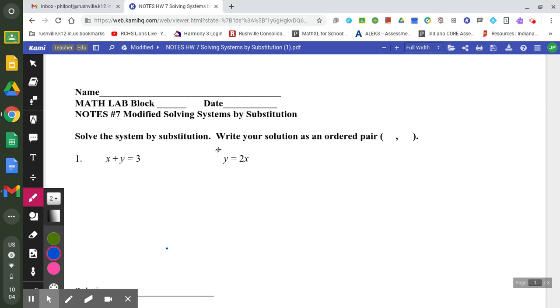This one already has an equation where we have y equals something. So I'm going to take the 2x, because right now y is 2x. I'm going to bring that over here, and I'm going to substitute it in.